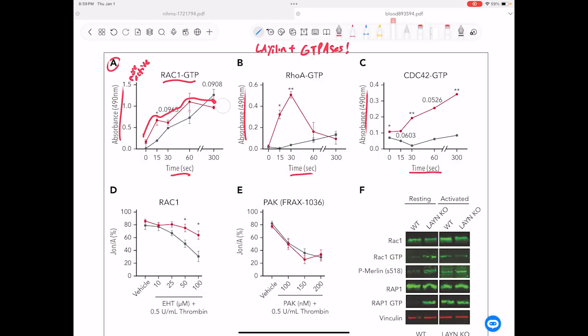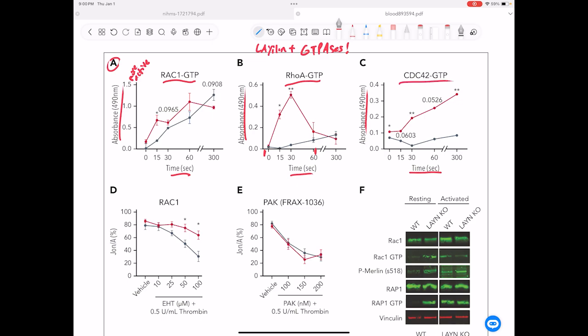But in the early stages, there's more of the active RAC1 here. Same for the row A. Early stages here, it's much more active compared to the wild type.